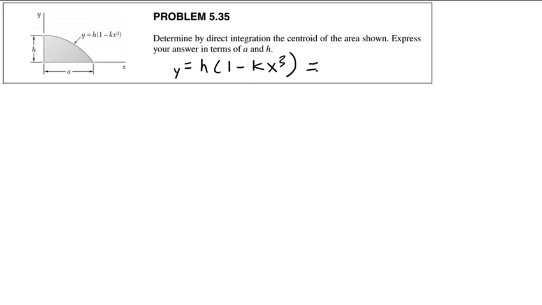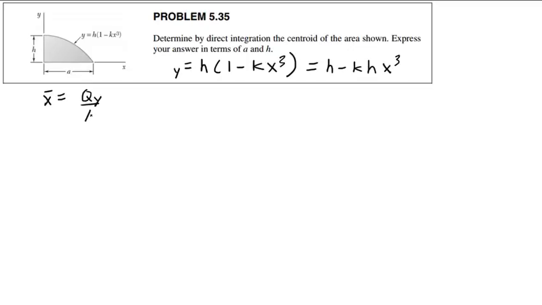Now, we need to find the x and y centroid. So let's first get the x component. And again, we remember that x bar, the x coordinate of the centroid, is going to be Qy over A.